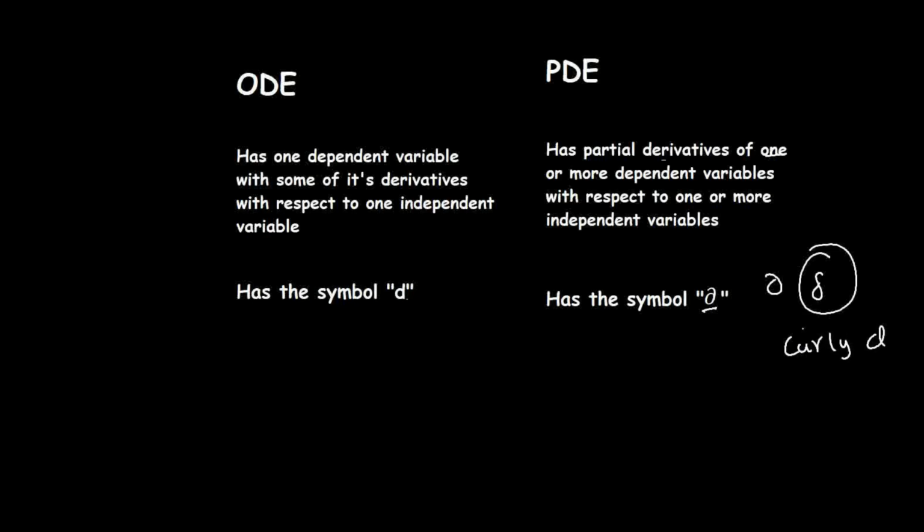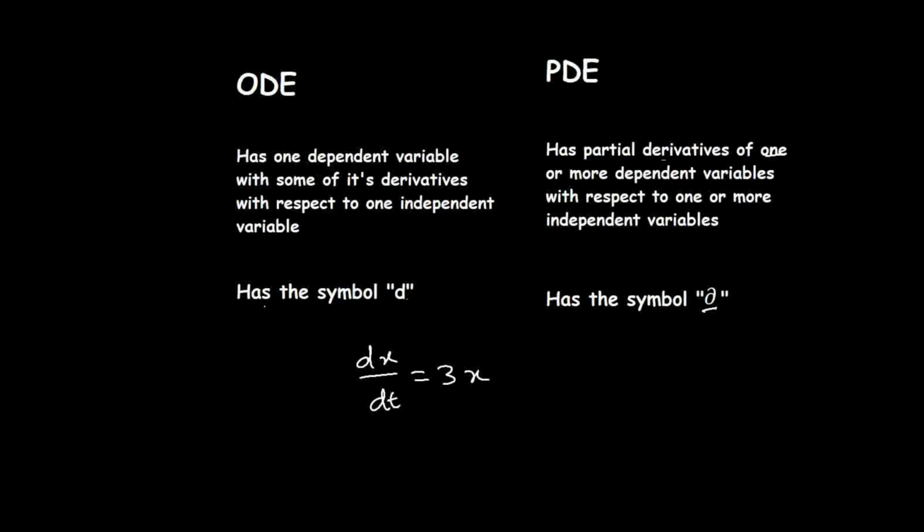We are going to take some examples of partial differential equations and ordinary differential equations so that you will be able to know what they are. Looking at this example, we have dx over dt equals 3x. Is this an ordinary differential equation or a partial differential equation?